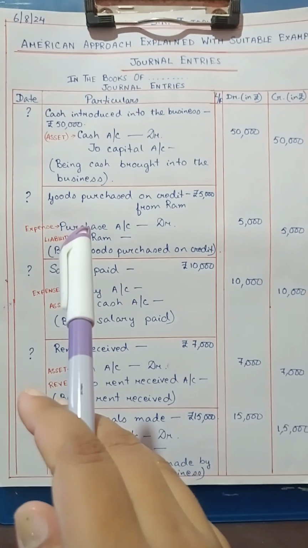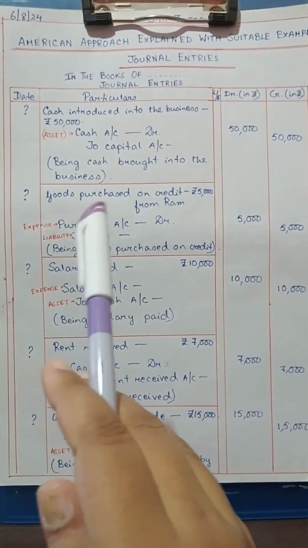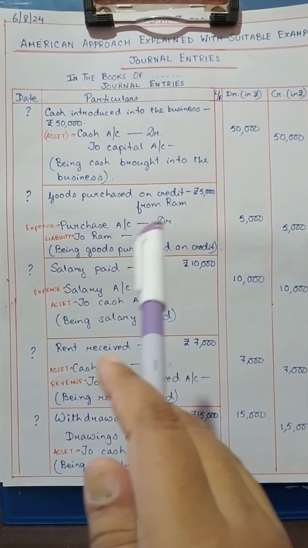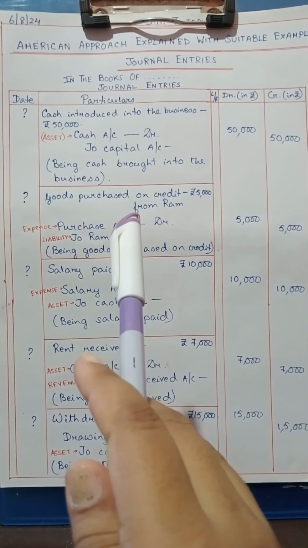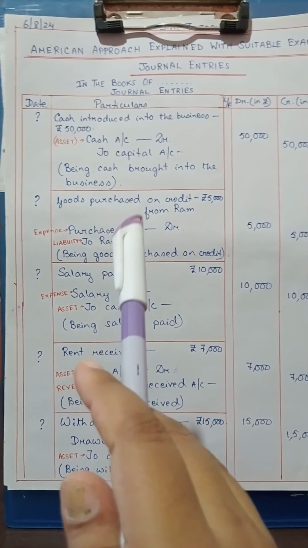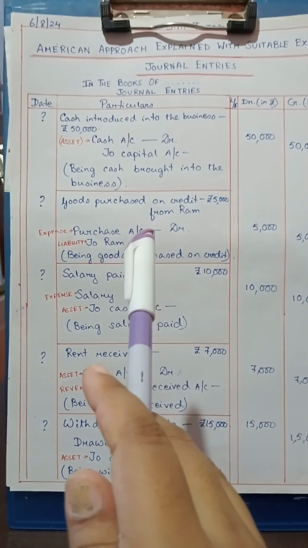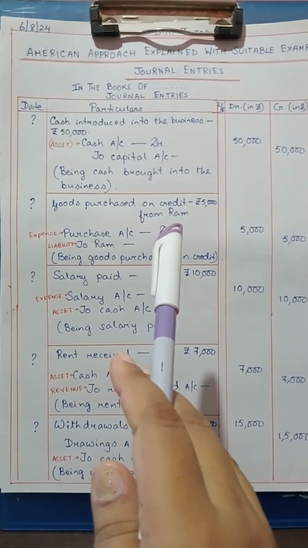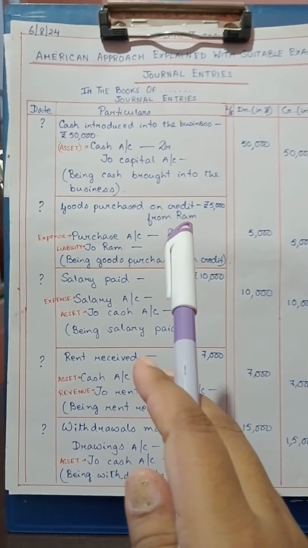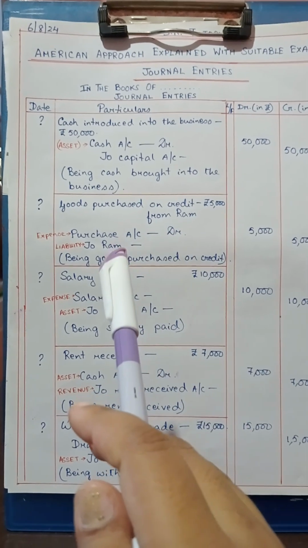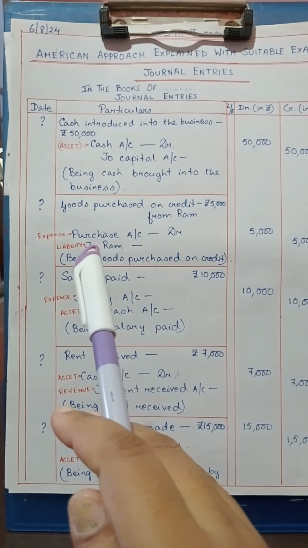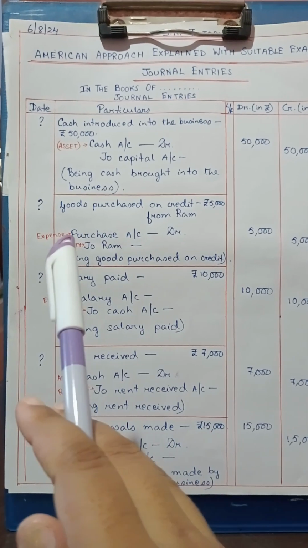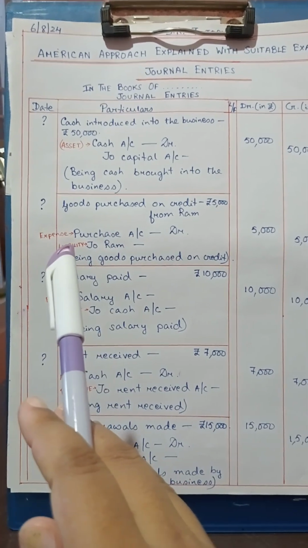What is the next case? For liability, goods purchased on credit from RAM. Goods used for the business have been purchased on credit from RAM. Here the name of the creditor has been mentioned. So you see here, the purchase account is debited because purchase is an expense account.